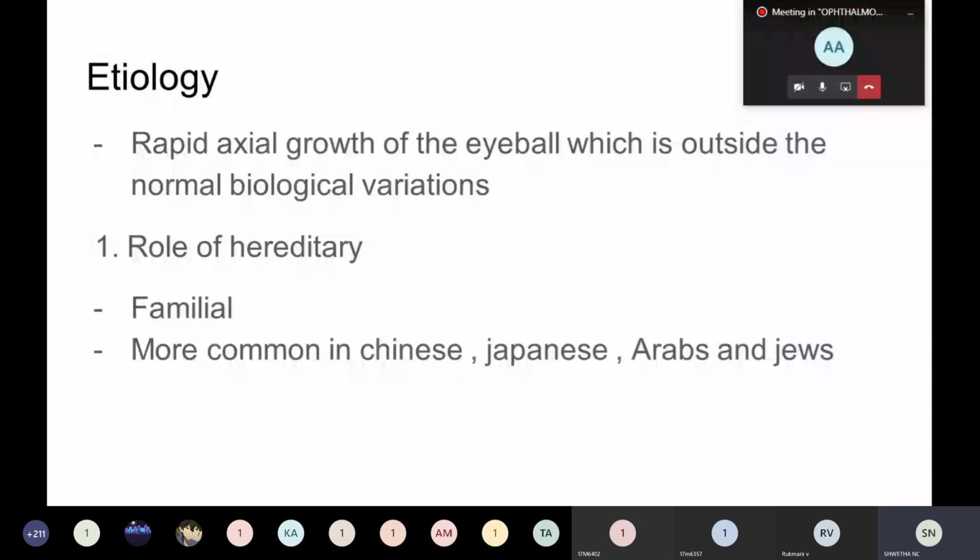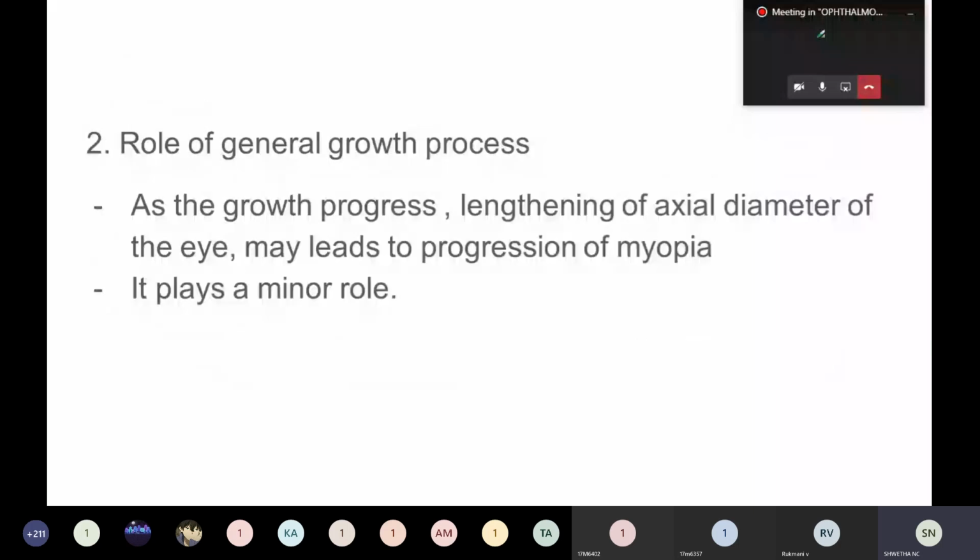It may be due to the role of heredity, sometimes familial, very commonly in Arabs and Jews. Some groups of people will have this type of pathological myopia. And I told you the role of the general growth process, a lengthening of the axial diameter, which may lead to progression of myopia. So it is also a minor role. Two important factors: one, the role of hereditary factors.